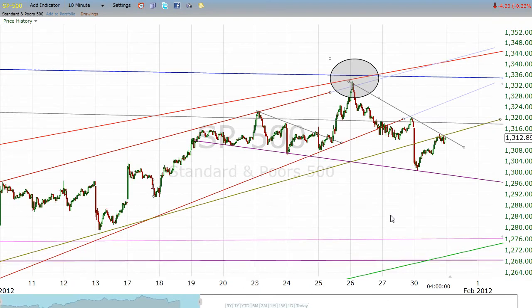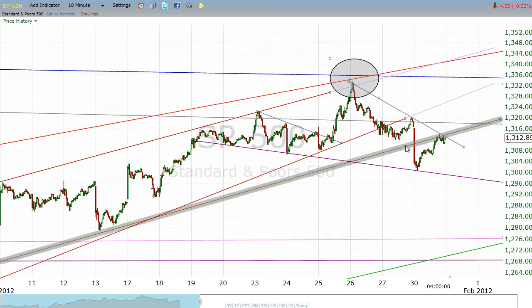What's interesting about both of those moves, both this wedge right here and the channel, is that I was debating which one of these is the right thing to go by, and it turns out it's looking like both of them were running concurrent. Once this wedge broke down, what did we get? We got a nice little back test back to that wedge.